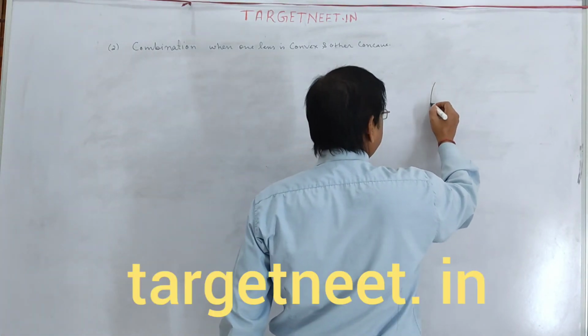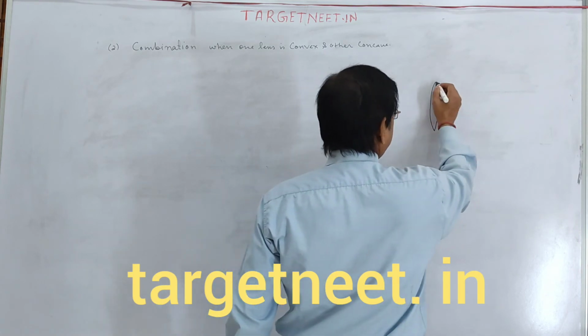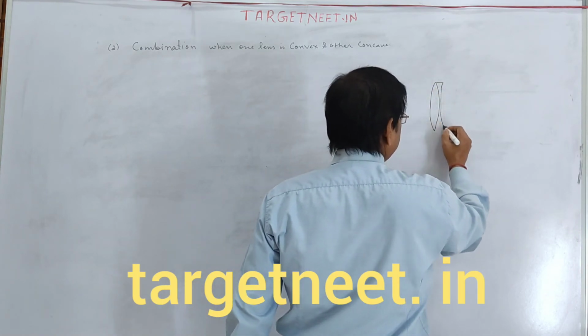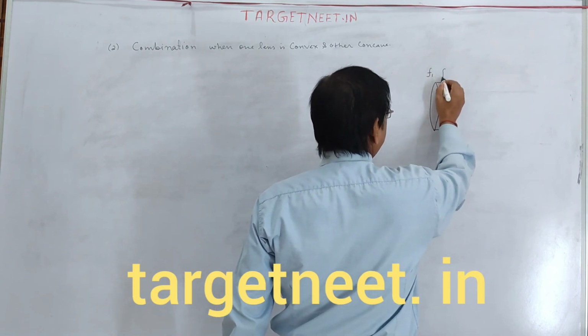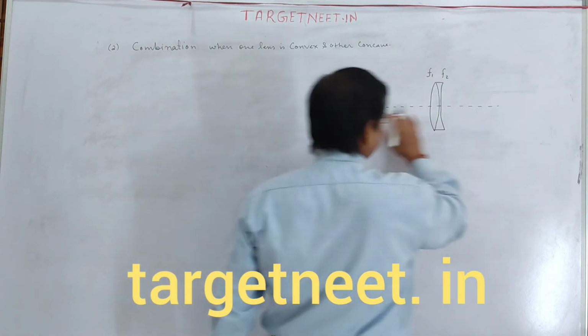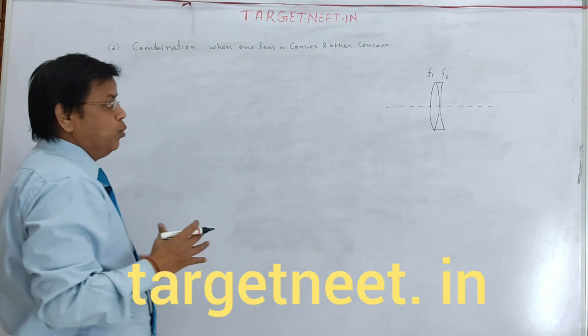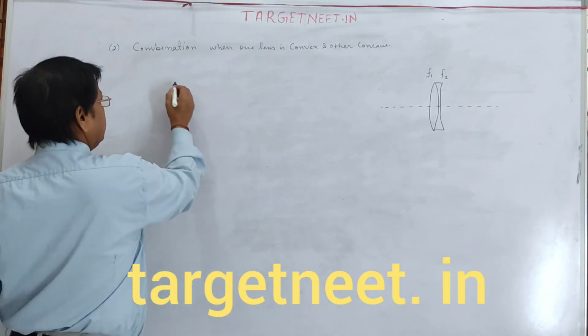Suppose this is first lens and this is second lens. First lens has focal length f1, second lens has focal length f2, and they are placed coaxially, so their axes are common. We can use same formula in this case also.